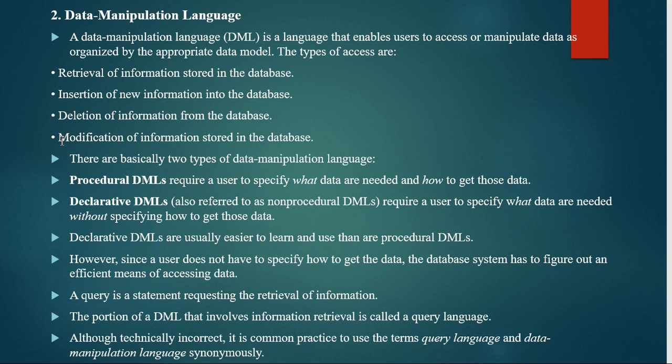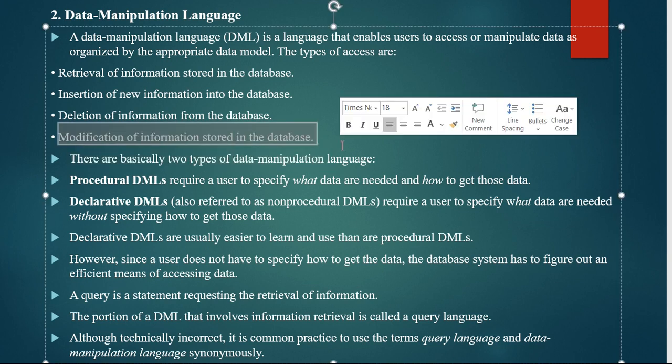Suppose we have collected a student's email id, and the student now has some other email id. In that case we need to modify, or update, that record, so a modification statement will be used.